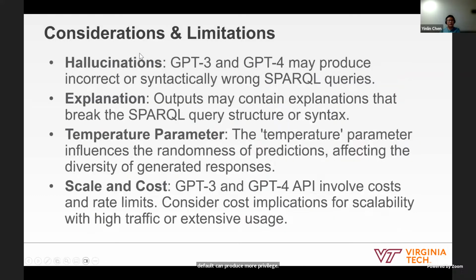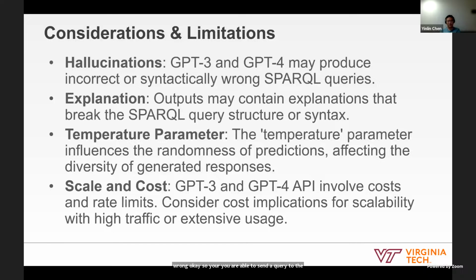Okay, so there are some considerations and limitations. Of course, in some cases they are unable to create a correct Sparkle query, the sentence is clearly wrong, so you are unable to send the query to the Sparkle endpoint.